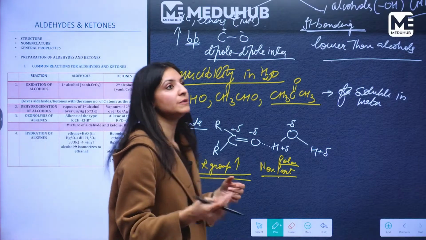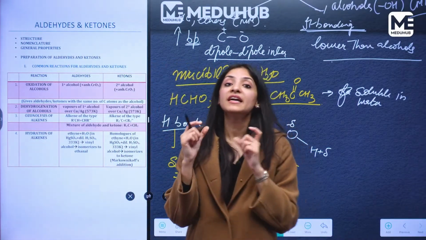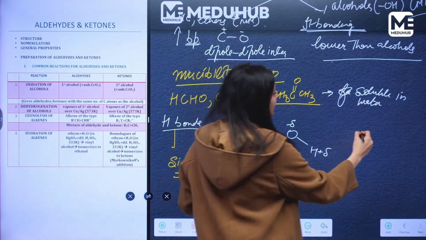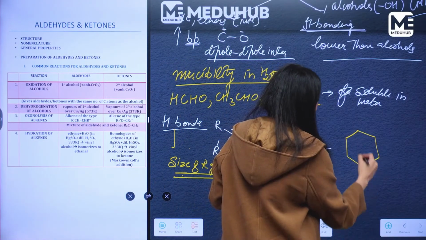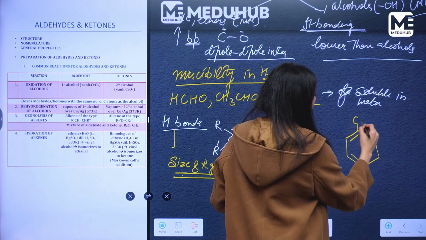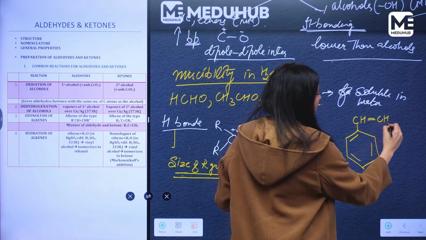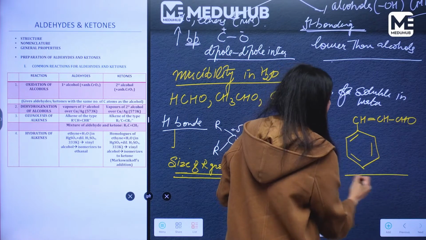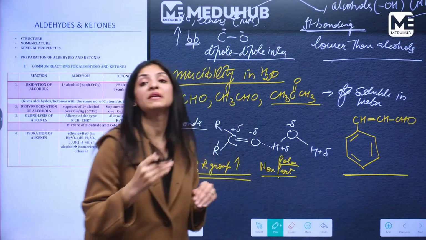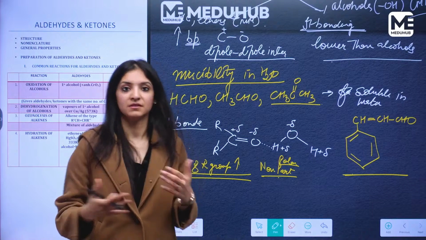For example, the smell of cinnamon is due to cinnamaldehyde. The structure of cinnamaldehyde is this. So as the number of carbon atoms increases, the smell becomes much more pleasant.